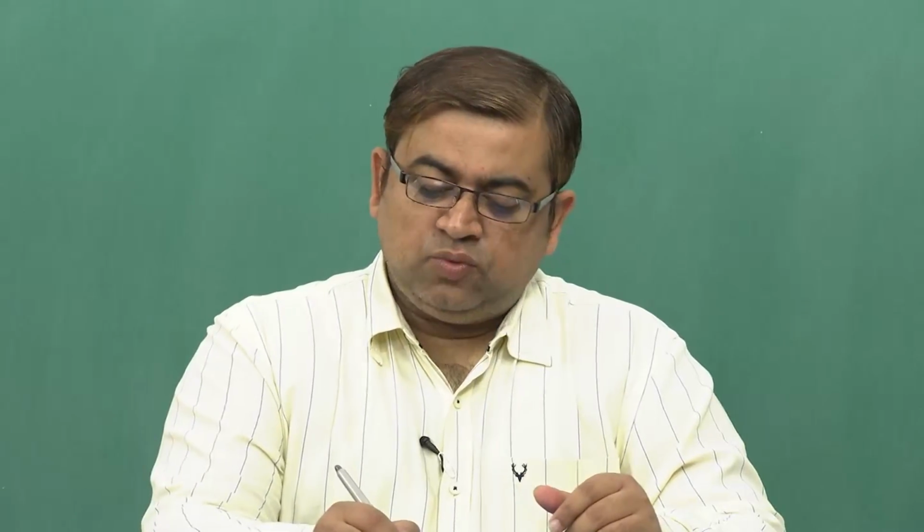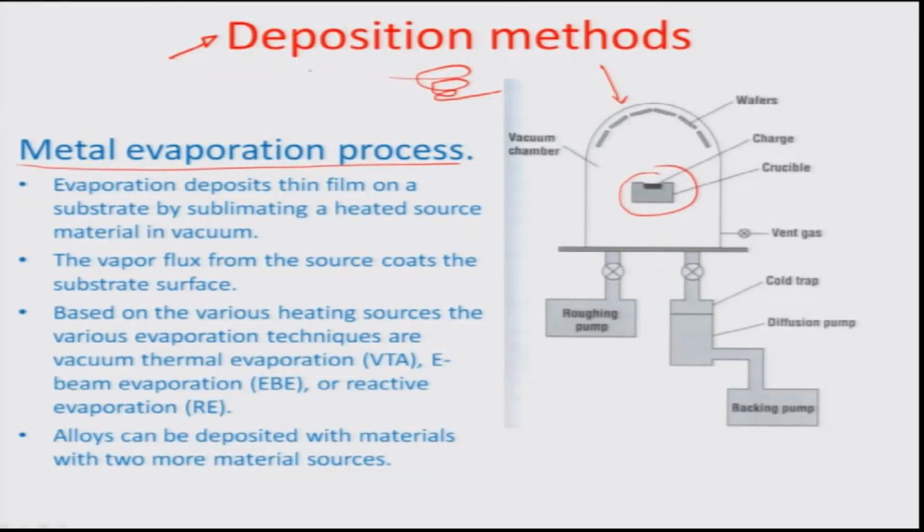Several such wires of the metals which you want to deposit are converted into balls, and these balls are placed within such wire boats, and the wire is heated by I square R, by passing a large current to almost white heat.